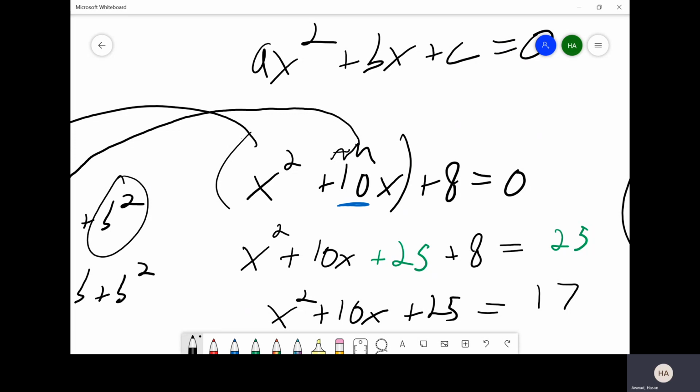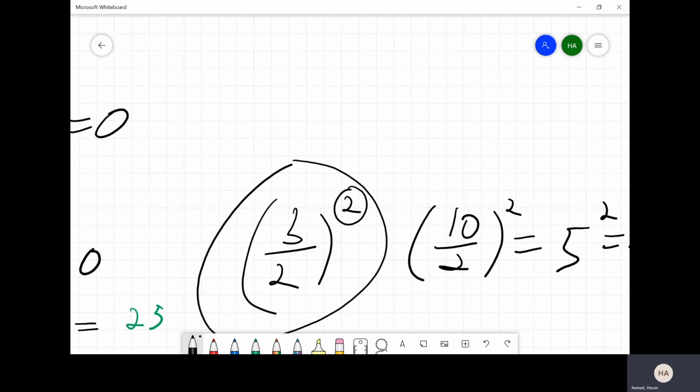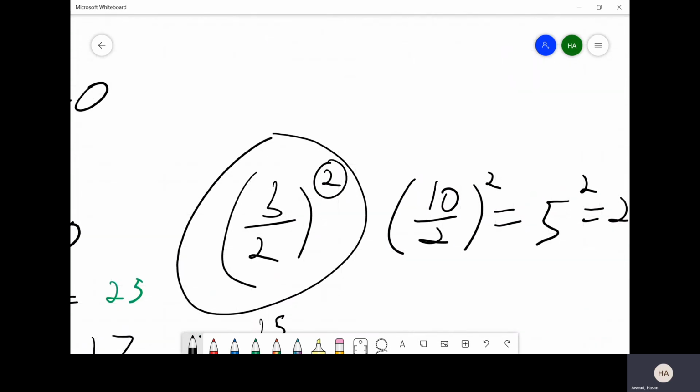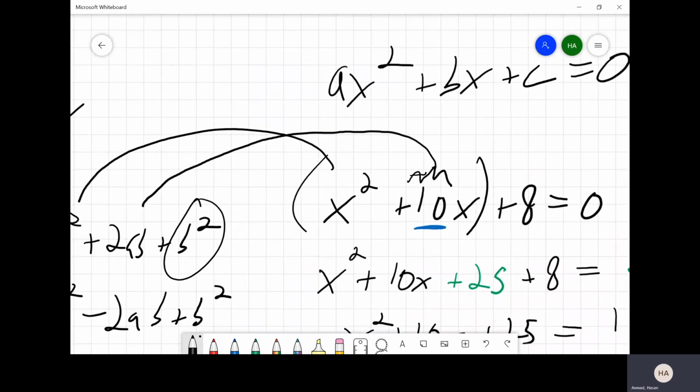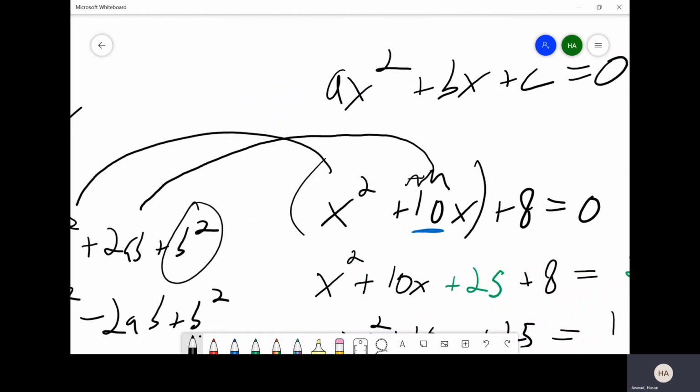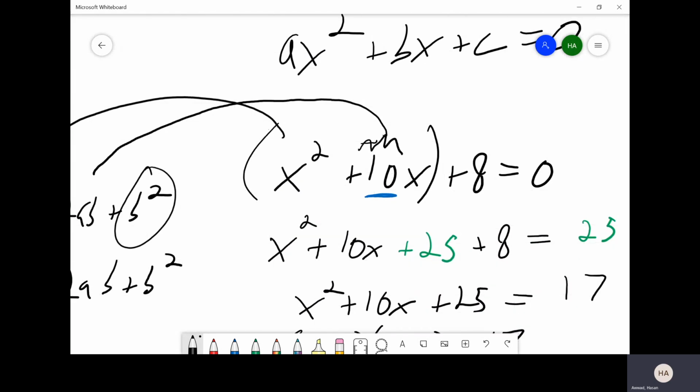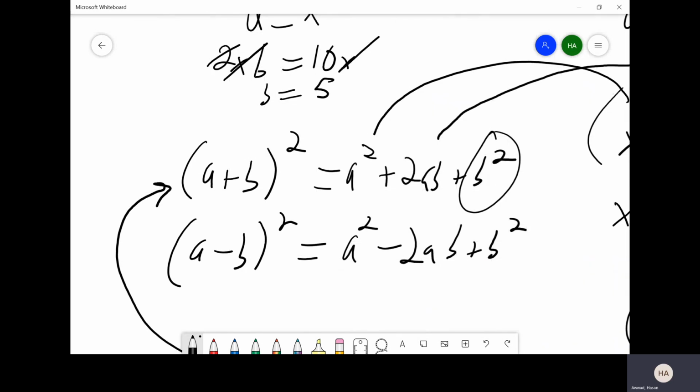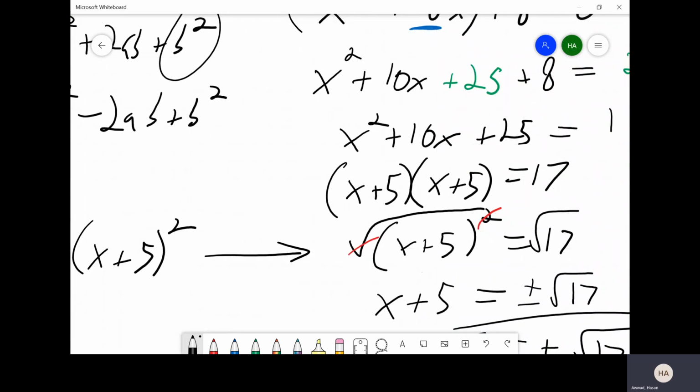So to get b squared, we use that tool, b over 2 squared. And that's how we figured out what piece we were missing in general. That's how we figured out that we needed the plus 25. So, for example, if this were x squared minus 10x, then instead of corresponding it to the a plus b squared, what you would actually end up with is 2 different x minus 5 factors.